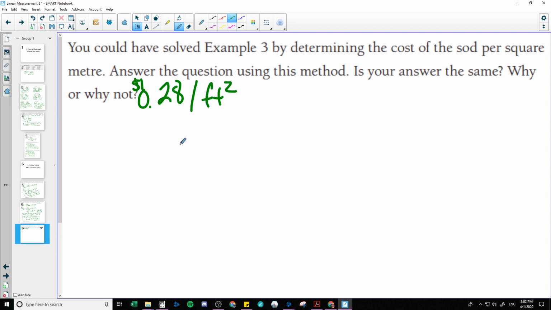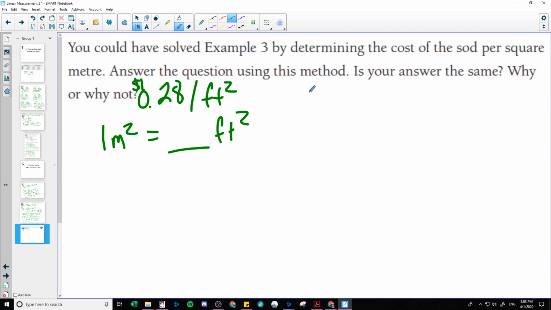Okay? We need to figure out how many square feet go into a square meter. Okay, this is what we need to answer.